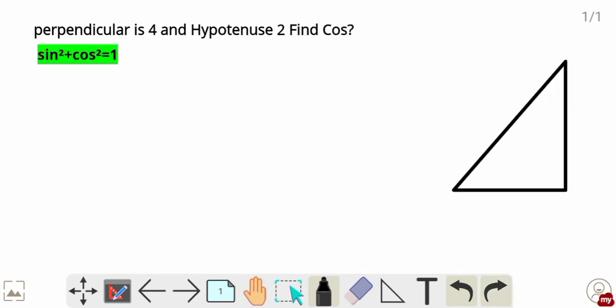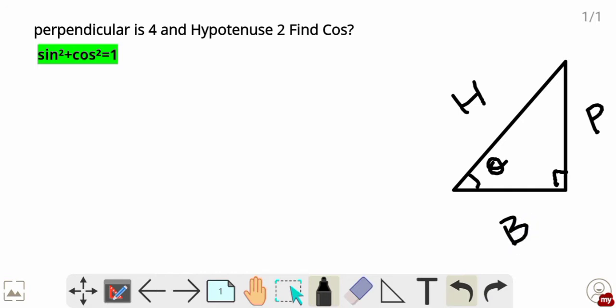So guys, we have been given a question. The perpendicular is given, which is 4, and the hypotenuse is given, which is 2. We have to find the cos value. As we know, the side opposite the 90-degree angle is always the hypotenuse, the side opposite theta is the perpendicular, and the remaining side is the base.